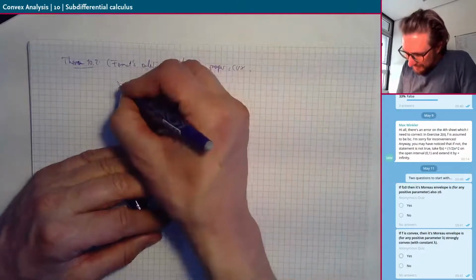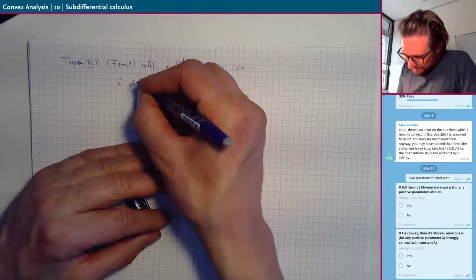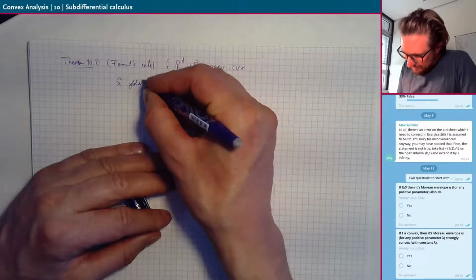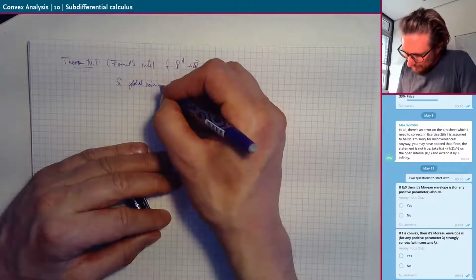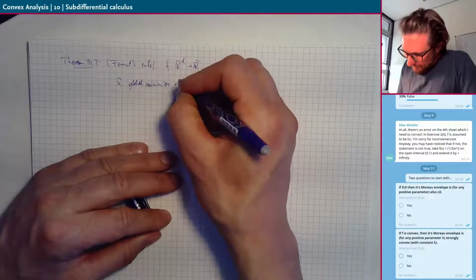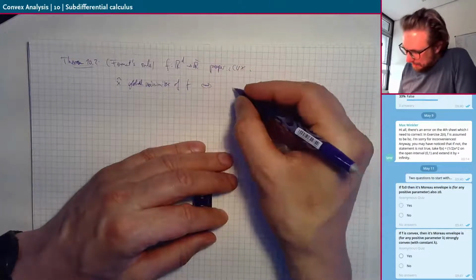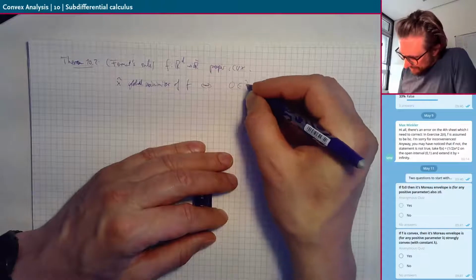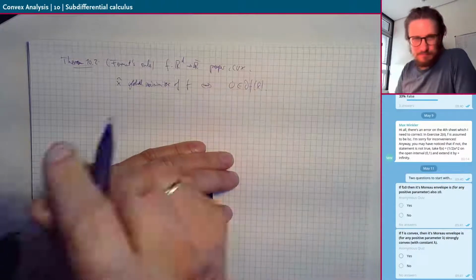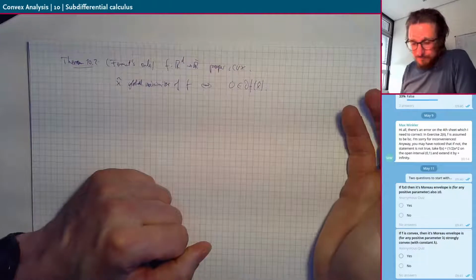And then we have x hat, the global minimizer of f, if and only if 0 is an element of the subgradient of f at x hat. It's really an if and only if.